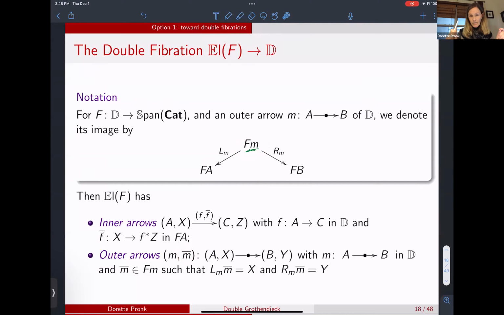So it becomes a pair of an arrow with an object. And the object needs to be chosen such that if I apply the functor LM to it, I get X for the X that was in the domain, and I apply RM to it, I get Y, the Y from the codomain.